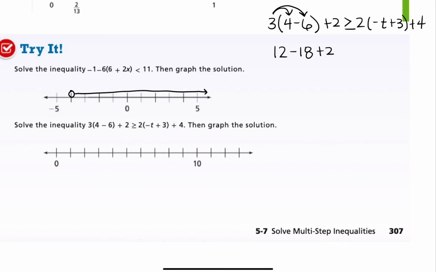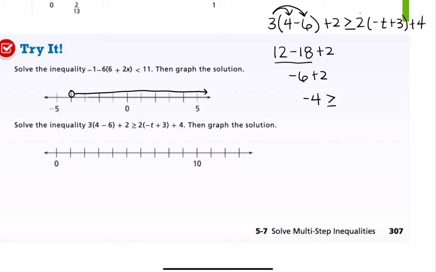So I have 12 minus 18. That will give you negative 6 plus 2. That leaves me with negative 4 on this side. There's no variables over there, so I was able to crunch everything down to one number. Now I need to pick up where I left off in the original. Is greater than or equal to.